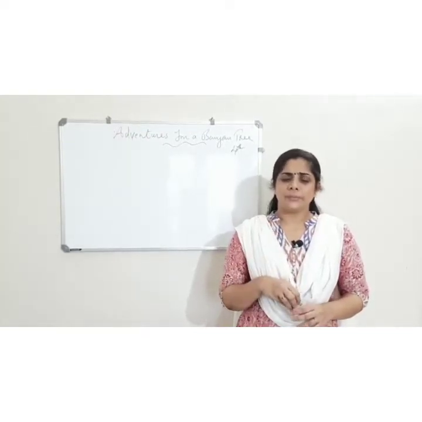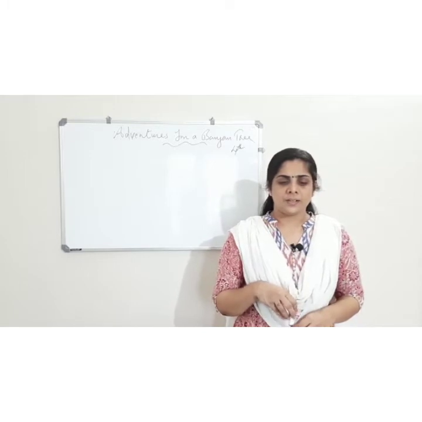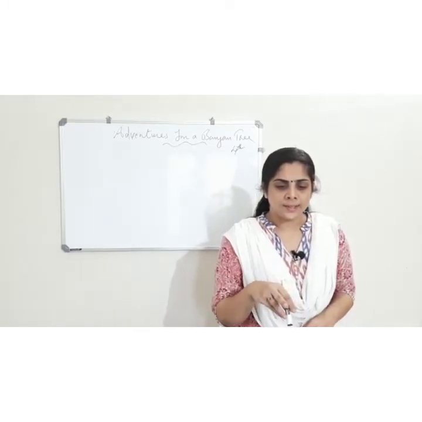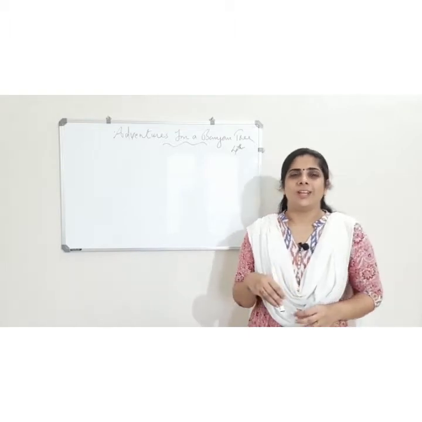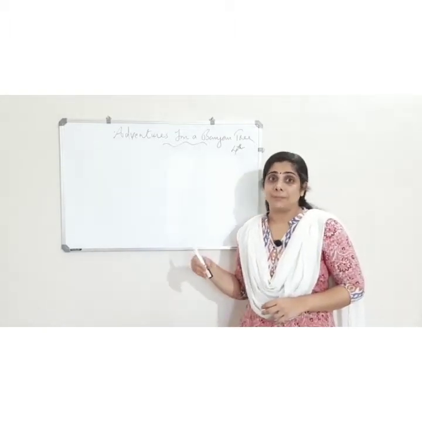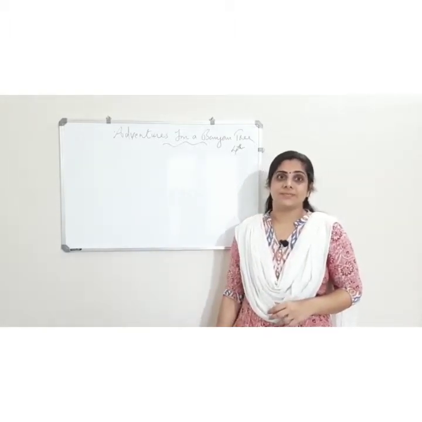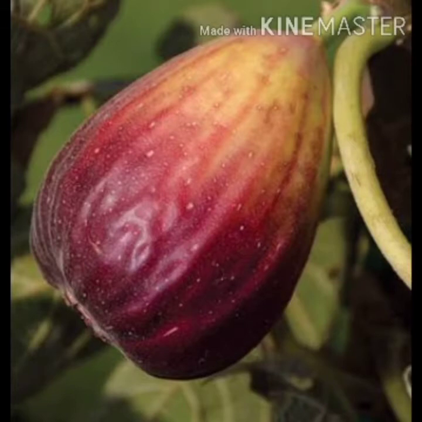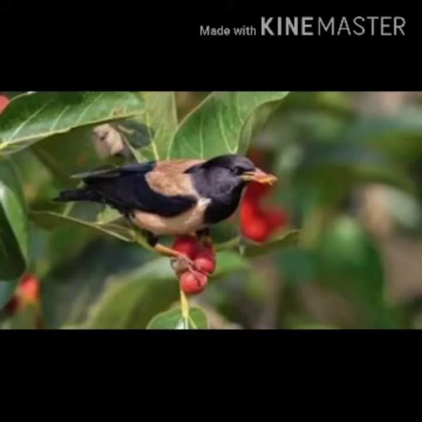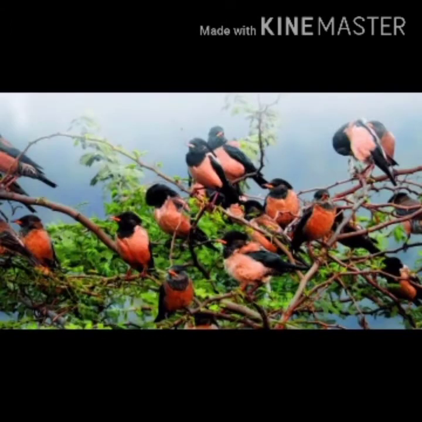Are you familiar with the red figs, the bulbul bird and the rosy pastors? Maybe not. Okay, we can see the clippings. It is a fig fruit. In the clippings we can see the fig fruits and the red-vented bulbul bird on the fig trees.